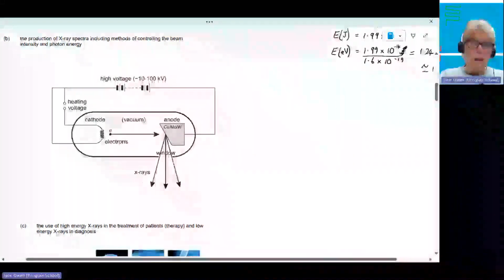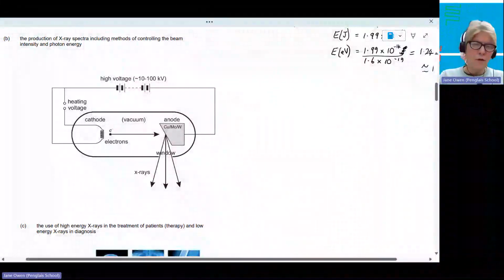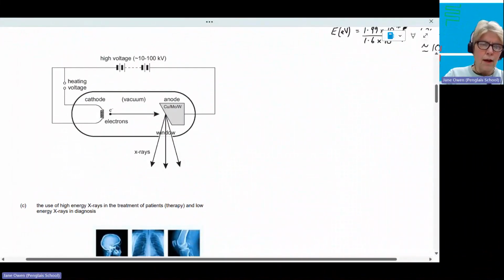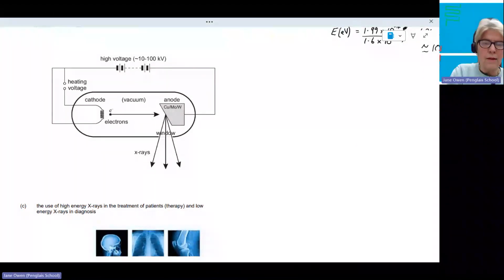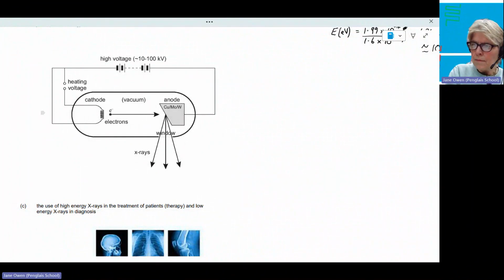Okay, so we use the X-ray tube to produce X-rays. We heat up a cathode with a low current, such that the electrons are ready to leave the cathode. They've got enough energy, and then they are accelerated across a very high voltage onto an anode, and as they collide with the material in the anode, they produce these X-rays.